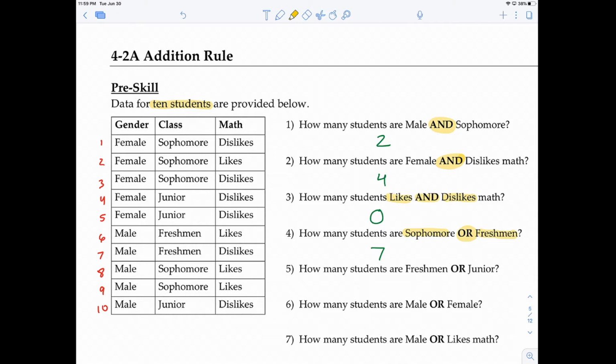All right, and then number five says how many students are freshmen or juniors. So again, imagine a classroom, freshmen or juniors stand up, the freshmen would stand up, and the juniors would stand up. Right, so that's 5 students.